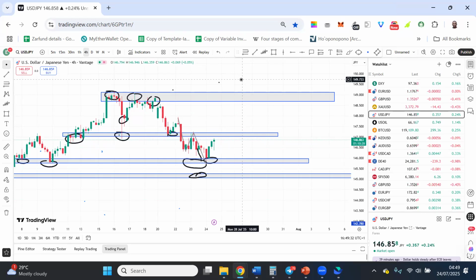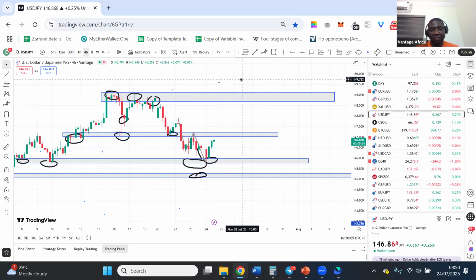Question: Which charts do we use to do this kind of analysis? Is it the chart on the app, or do we have something else? Yes, you can do it on TradingView here, or you can do it on your MetaTrader 4 app or MetaTrader 5 app, whichever one.